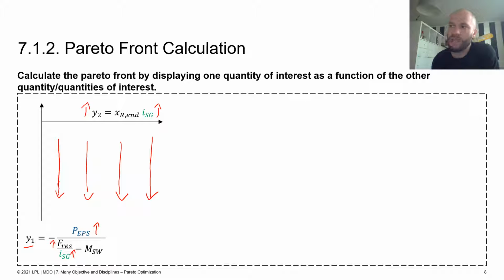So that means if we're increasing the gear ratio, we increase y2 and we also decrease y1, so that's why we change our quantities of interest in this way.